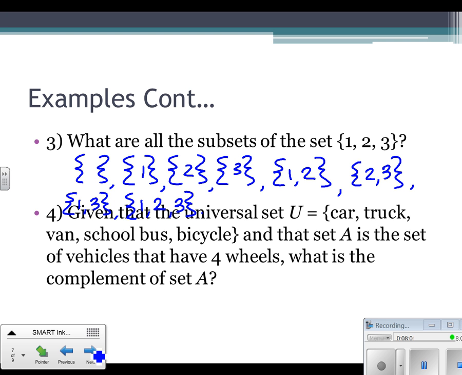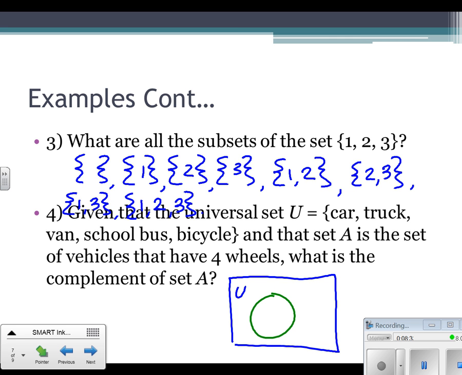Given that a universal set U is a car, a truck, a van, a school bus, and a bicycle, and that set A is the set of vehicles that have 4 wheels, what is the complement of A? So we have our universal, which is car, truck, van, school bus, bicycle, and A is vehicles that have 4 wheels.